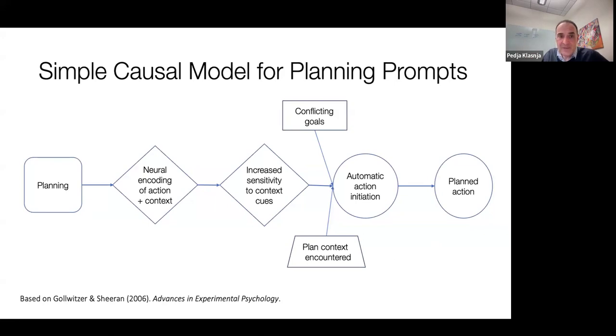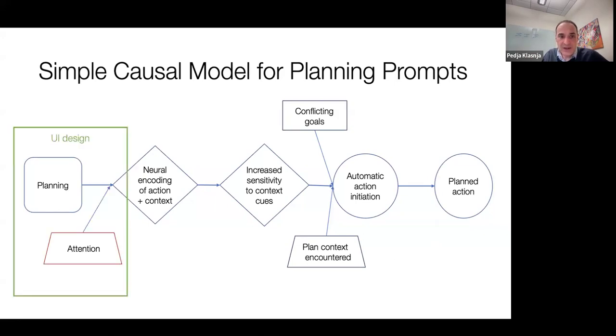But the key thing here is that potentially there is actually another precondition for this mechanism to be activated at all. And this was Bonnie's brilliant insight early on, that you need a certain level of attention, that unless the planning intervention itself is done with attention, that encoding might never happen.